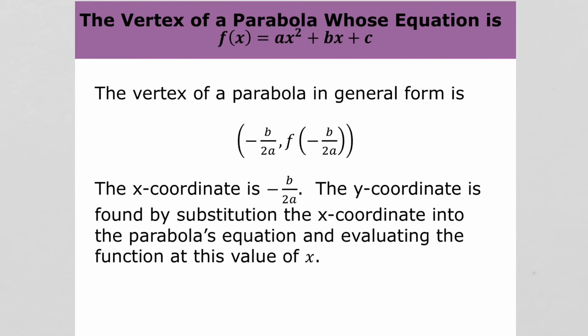Let's write that down. That would be x equals just negative b over 2a. Now, once you've found the x value of the vertex, you would plug that back into your original function, and that would help you find your y value.